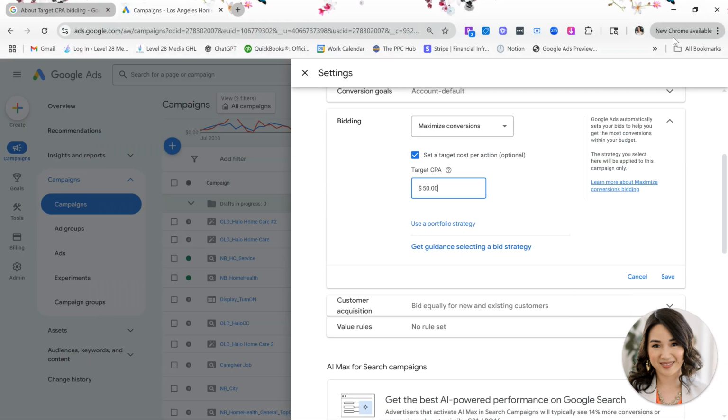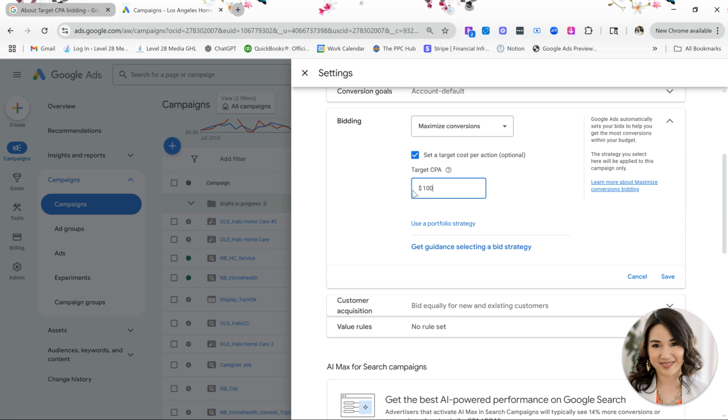My best tip to you would be to start conservative and then adjust. So even if you, let's say, are really only okay with a $50 cost per acquisition, set it at $100 and let Google collect data, and then you can continue to try to get as low as possible without sacrificing your conversion volume.